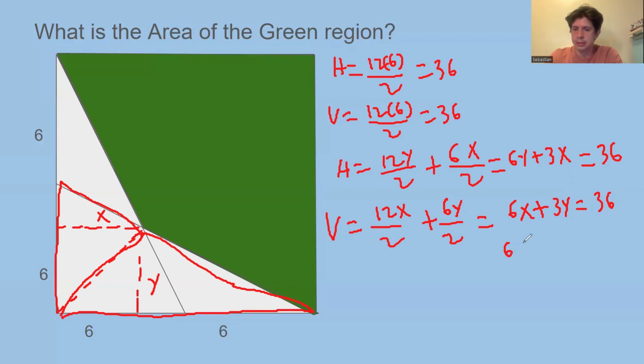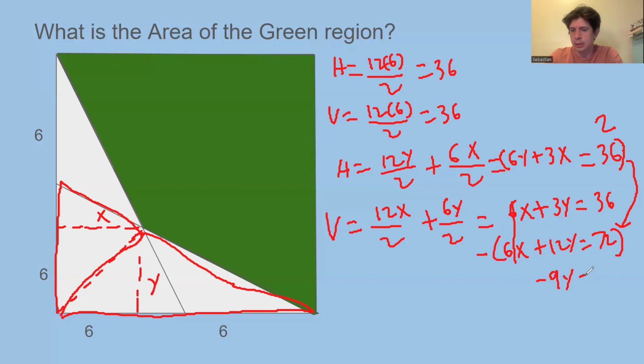So I'm going to double. 6X plus 12Y equals 72. And then I'm going to subtract it from above, so these cancel. You got negative 9Y equals negative 36. Y equals 4.